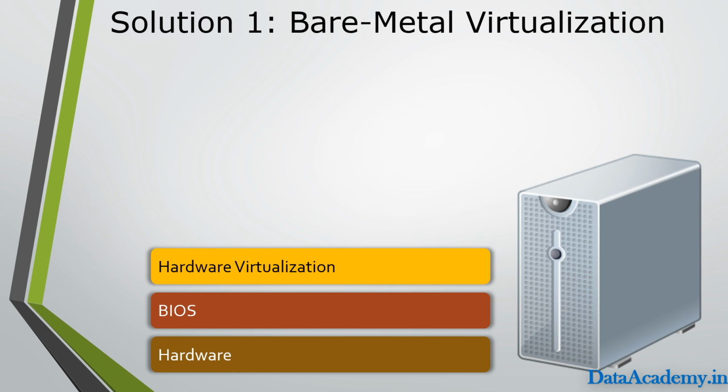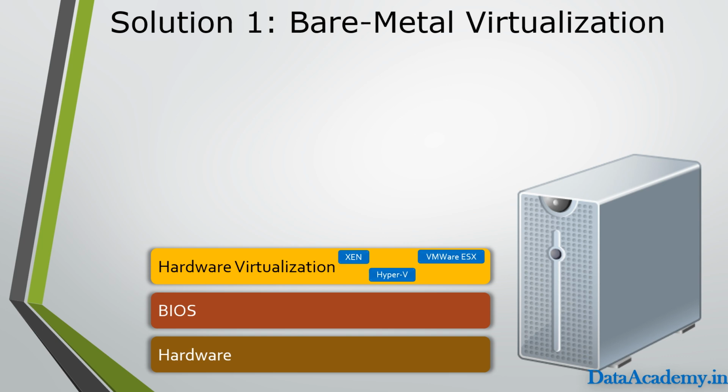Instead, there is something called hardware virtualization. You can think of it also as software, but it's not exactly like Windows or Linux. A few examples are Citrix Xen, Microsoft Hyper-V, and VMware's ESX. So these are all hardware virtualization.